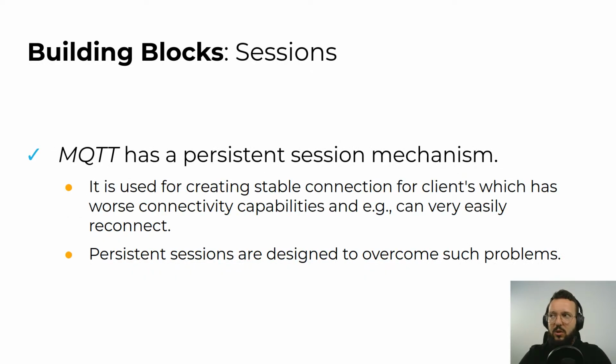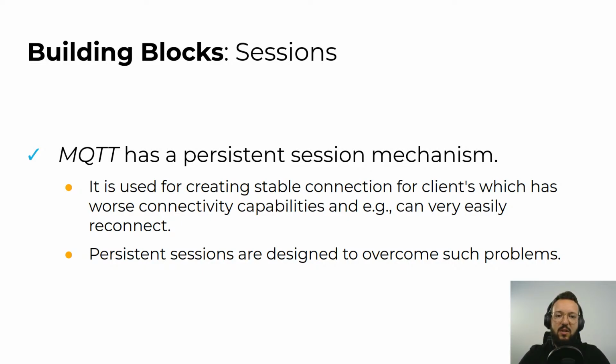I also used the notion of a session. And as I said, MQTT has persistent connections, and those sessions are more or less related to connections. So sessions are used to create a stable connectivity for a client that has some kind of constraints and worse connectivity capabilities, that, for example, can very easily disconnect and reconnect.